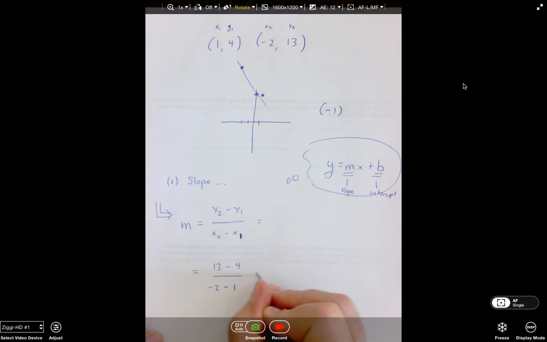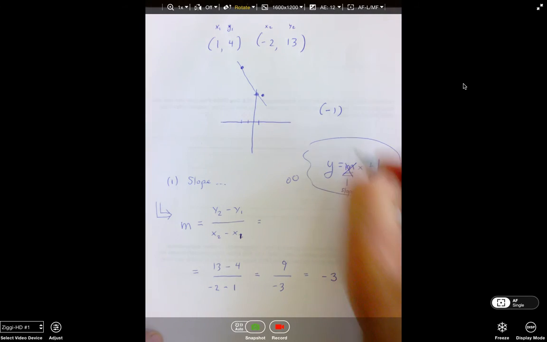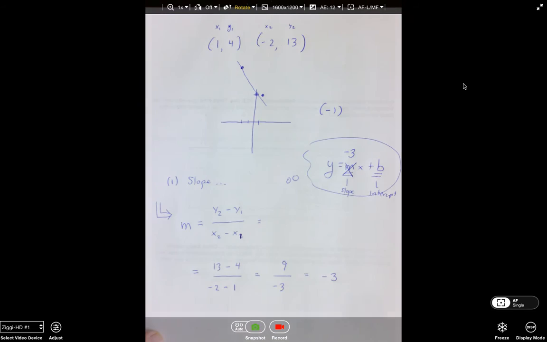So guys, I'm going to get 9 over negative 3, which tells me that my slope is negative 3. Now, I don't know everything I need to know about my line up here, my equation, but I know a negative 3 is going to go there. I know that my function is y equals negative 3x plus something. So I've just got to determine what that something is.